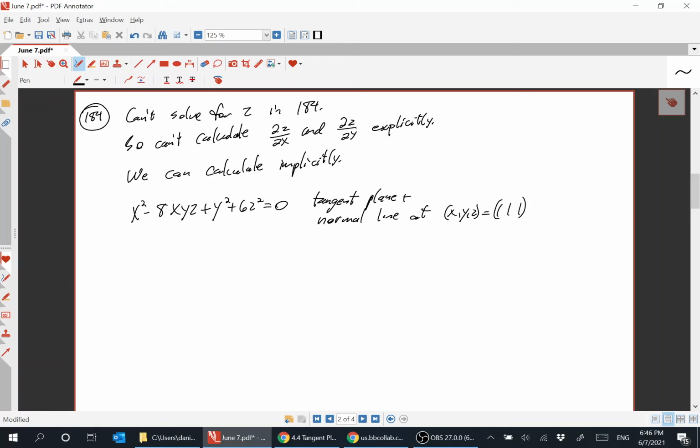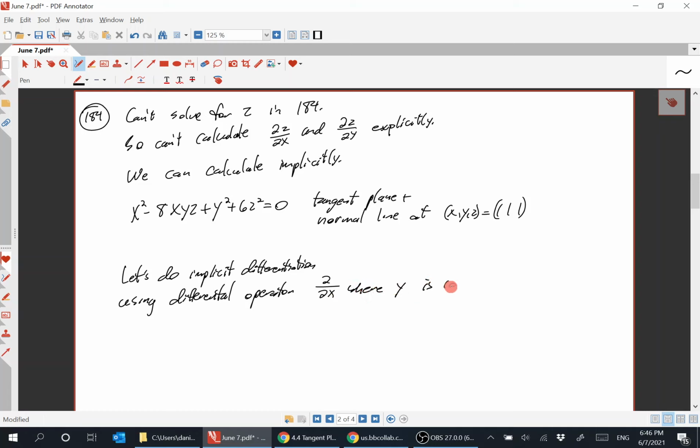Okay, so let's apply implicit differentiation, using the differential operator partial with respect to x, where y is constant and z is a function of x implicitly.